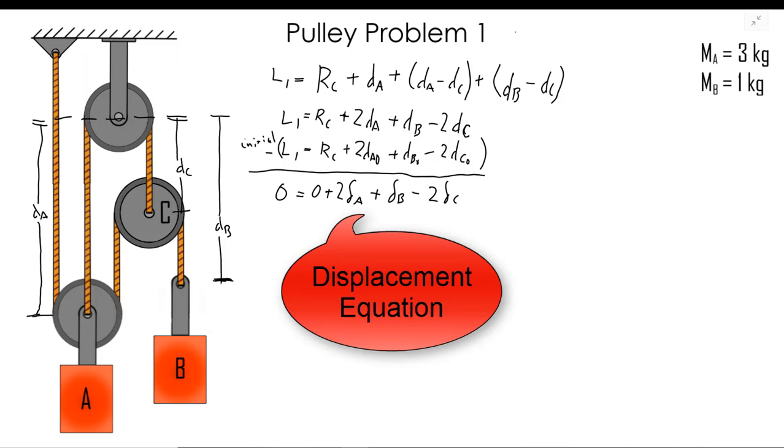I'll just write it over here. So 0 equals 2 delta A plus delta B minus 2 delta C.